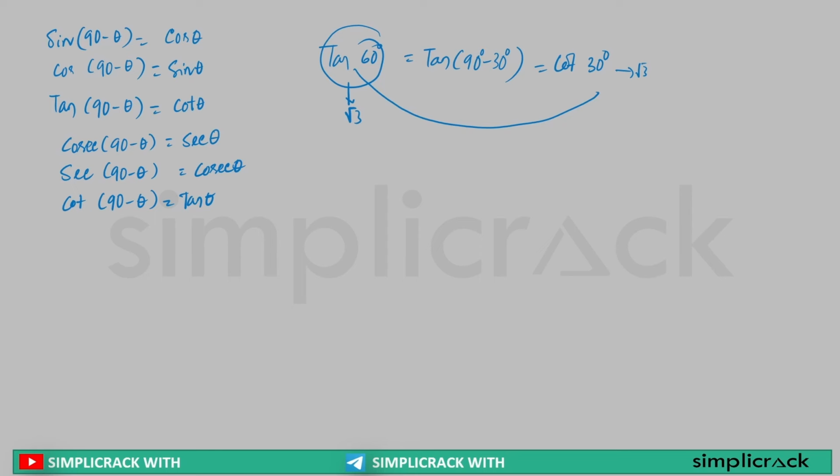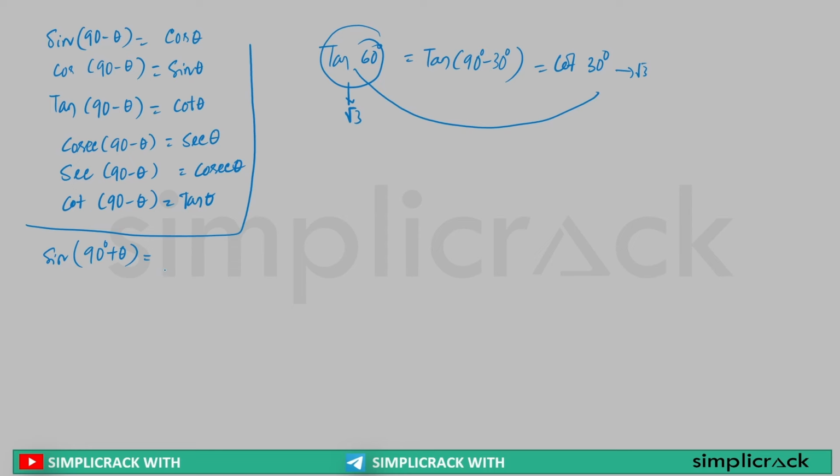Okay, but if it says sine 90 degree plus theta, now 90 degree plus theta means what? The second quadrant. In the second quadrant, what are the positive values?